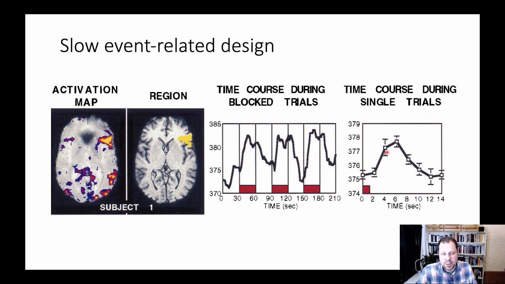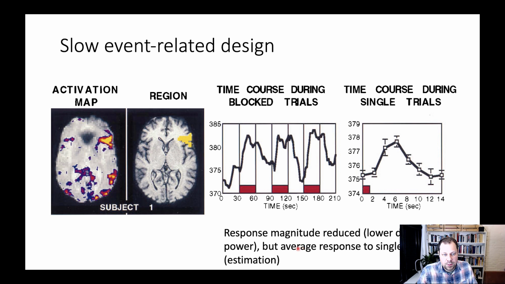But what you do get is you can estimate the hemodynamic response function. So while the response magnitude is reduced, you can observe an average response to a single event. You have lower detection power in single trials, but you have estimation, which allows you to observe the hemodynamic response to a single trial.